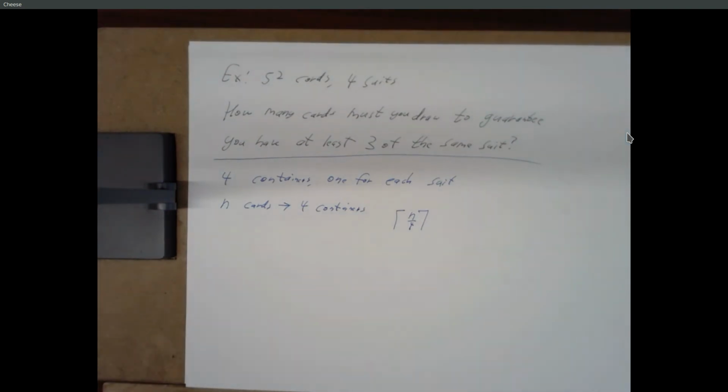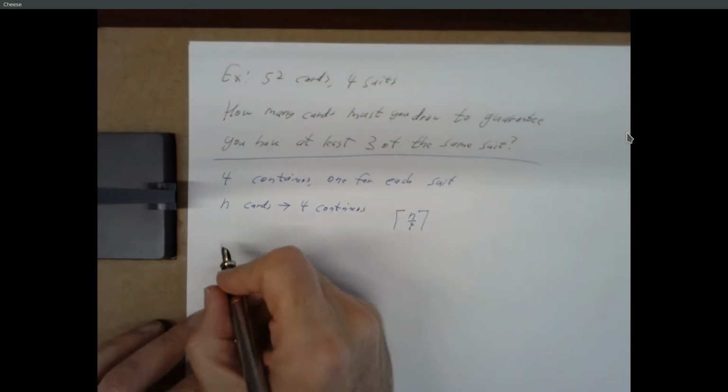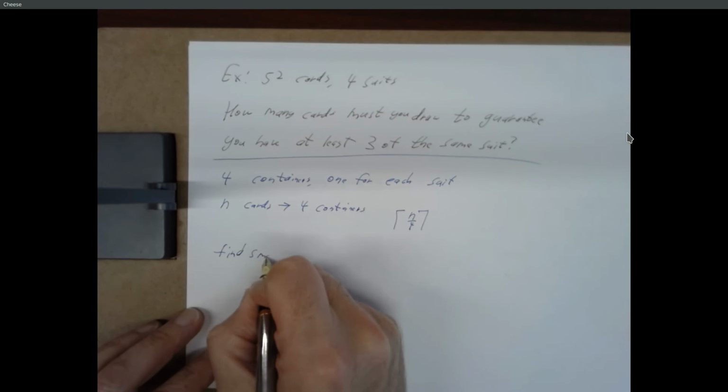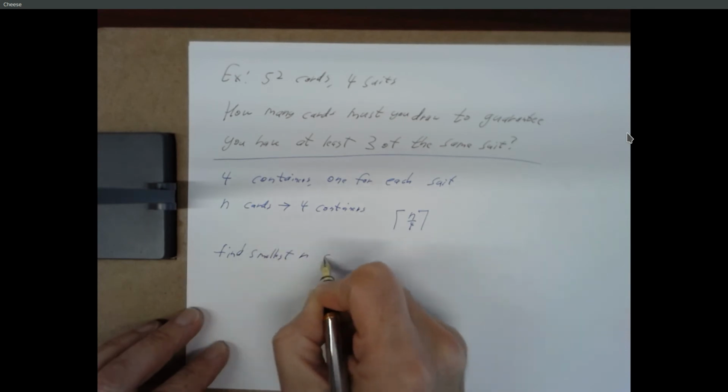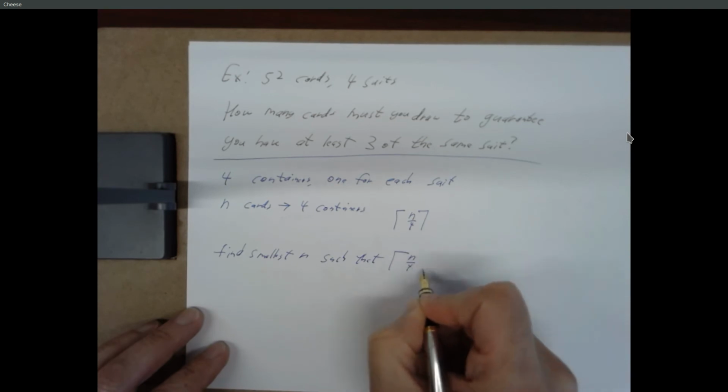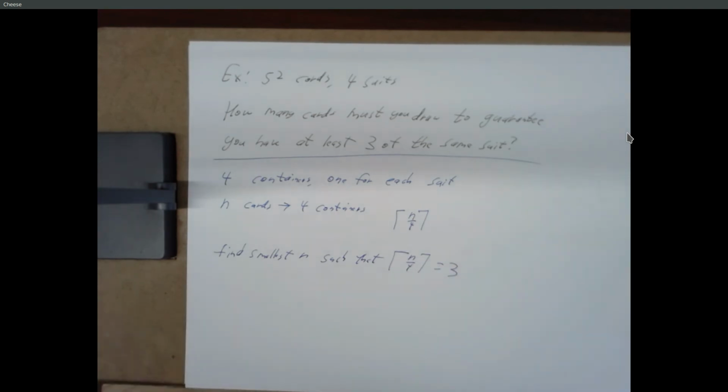Well, if a container has 3 objects in it, it means those 3 objects have the same suit. If a container has 2 cards in it, it means those 2 cards have the same suit. So we can rephrase this question as find the smallest n such that ceiling n over 4 is equal to 3. Actually greater than or equal to 3.